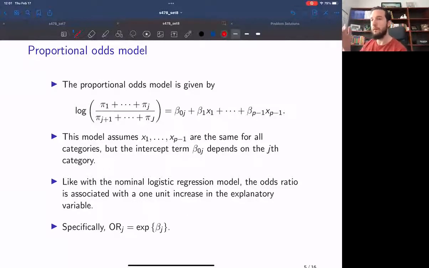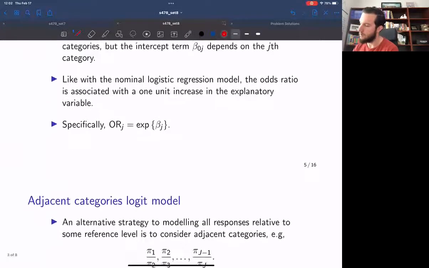So you have the same slope for each of the different explanatory terms, and you just have a different intercept representing the levels of interest from the categorical response. And like the nominal logistic regression model, the output of the coefficients is exactly the same. So they're representing odds ratios between the jth groups and the reference level, whichever that might be for the particular situation.